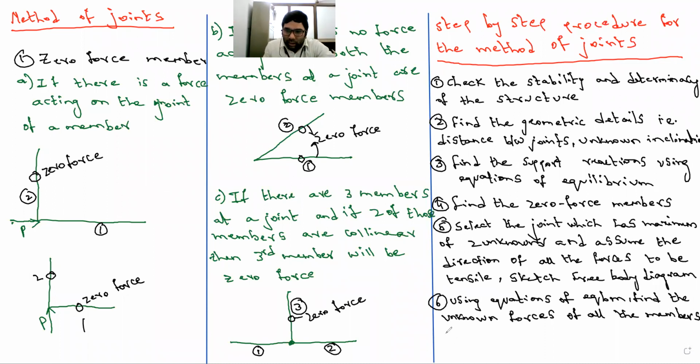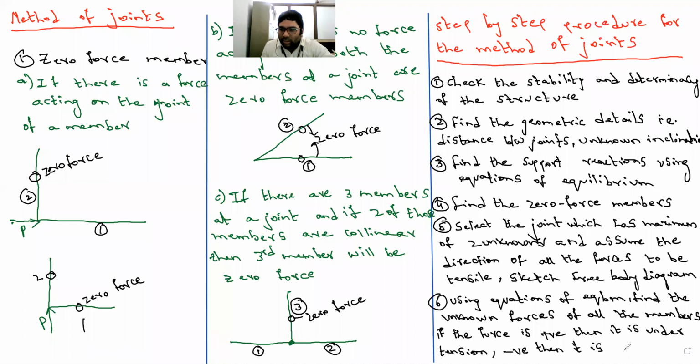If the force is positive, then it is under tension, because we have already assumed that all the members are under tension. So if we get a positive value, then our assumption is correct. And for negative, it is compression. If our assumption is wrong, we will get a negative answer.